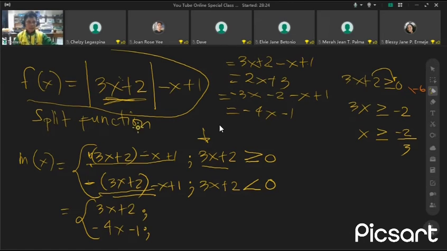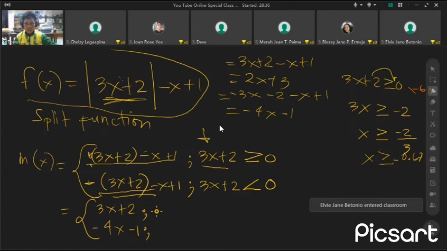That is approximately negative 0.67. Thus, your x must be greater than or equal to negative 0.67.